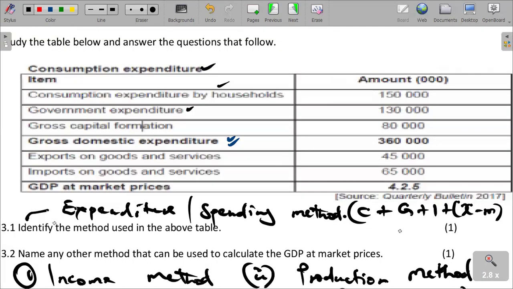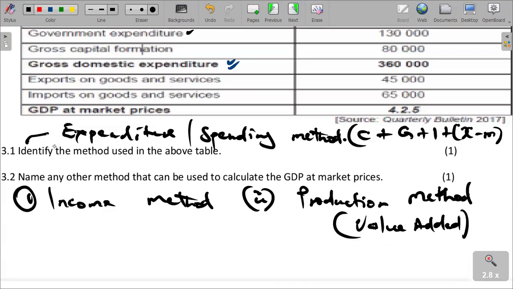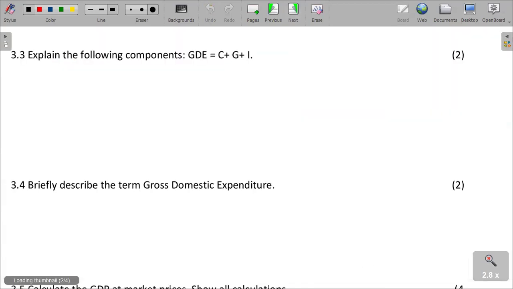So let's go to the next question. The next question says, explain the following components. GDP using the expenditure method is equal to household consumption plus government plus investment.